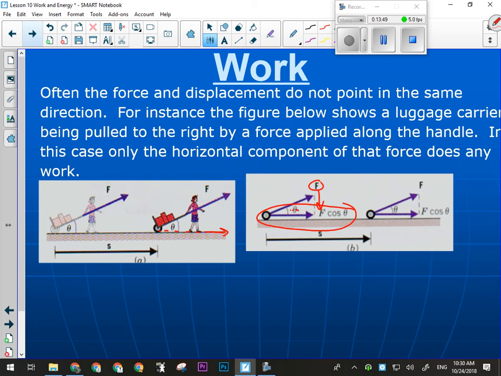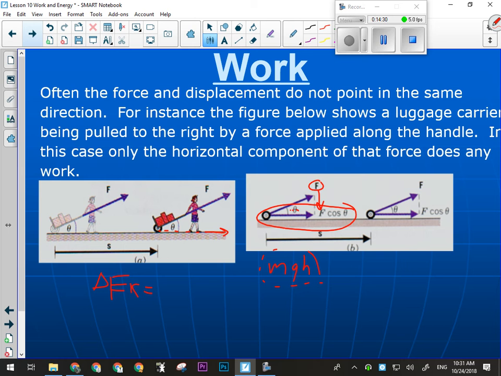If it's not moving vertically, then there's no change in potential energy. M times G times H is how we calculate potential energy. Because there's no change in height, there's no potential energy being changed. So we're only doing work horizontally. Now, if I pull this thing horizontally at a constant velocity, am I doing any work on it? I only do work if I make the object accelerate, because that means that there's actually a change in kinetic energy.